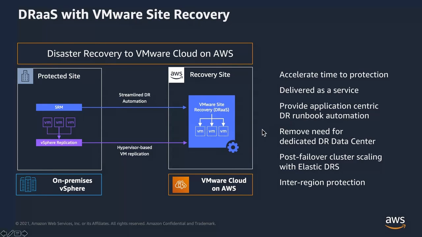Because we are using only the storage portion, the compute and memory are not actually being used by these VMs because they're powered off. They're just being replicated over. You do have the option of running additional workloads on this as long as the storage permits, to be able to do dev test or other workloads in the environment.